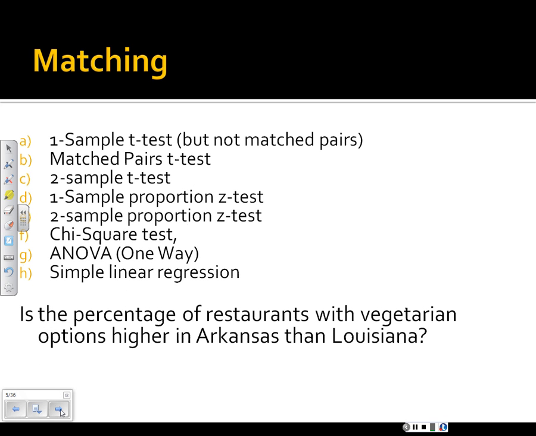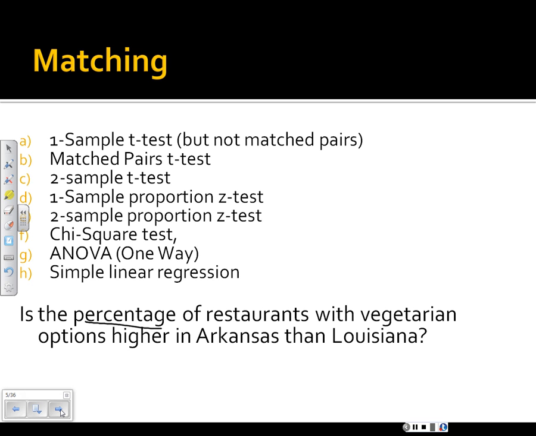So the next one says, is the percentage, and a percentage is the same thing as a proportion. So we're dealing with the problem of proportions. Is the proportion or the percentage of restaurants with a vegetarian option higher in Arkansas than it is in Louisiana?